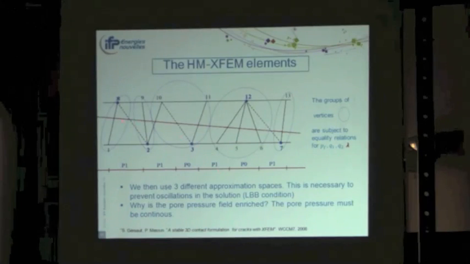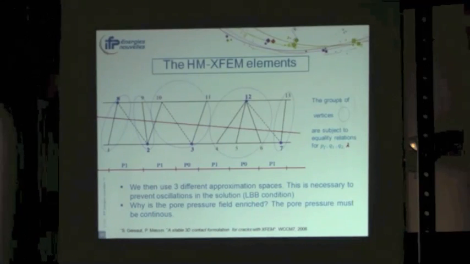Because in this example, you see the crack in red, and the summit nodes that are surrounding the fracture, we create a group between these nodes, and all of the nodes that are in the same group will have the same Lagrange multiplier or the same pressure of the fluid in the crack.